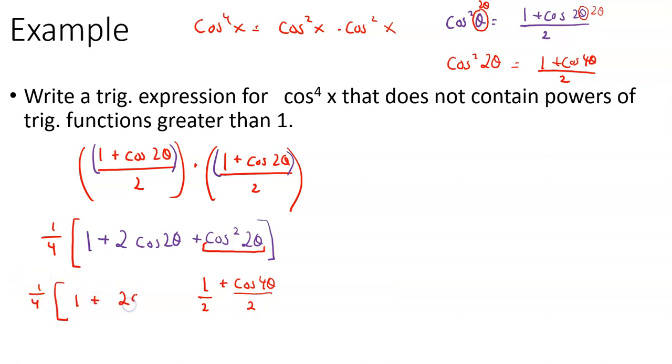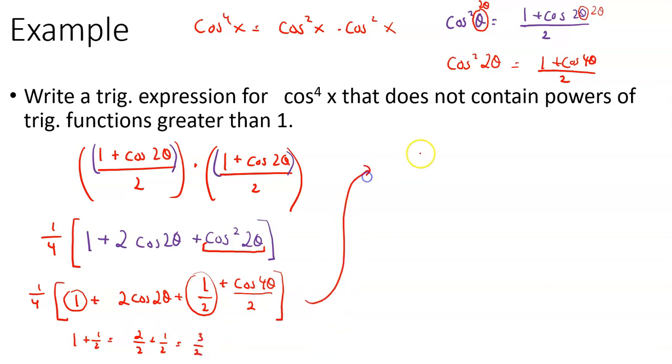So let's copy down what I already have. 1 plus cosine 2 theta plus, and then that cosine squared 2 theta becomes a 1 plus cosine 4 theta over 2, which I split into 2 pieces. Why did I do that? Because I can take this 1 and this 1/2 and combine them. 1 plus 1/2 is 2 halves plus 1/2, which is 3 halves.